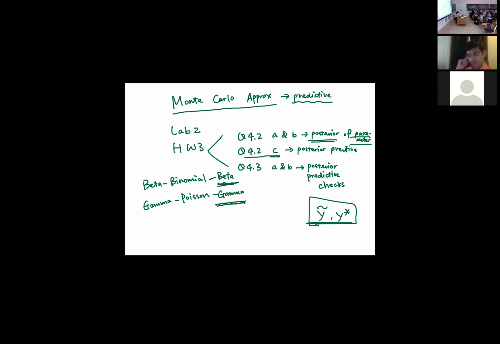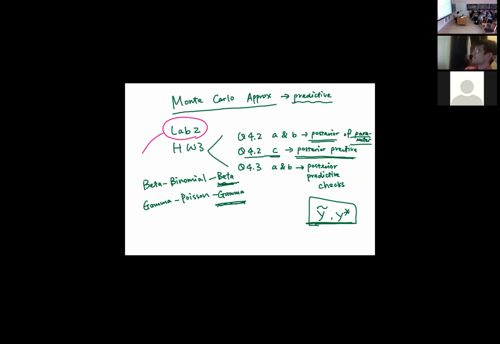Okay, so what we talked about in class as well as in the homework is, okay, now if I want to see how my prediction can work, I want to make a new prediction or a set of predictions for the future outcomes, then you will do the posterior predictive, and the way that we talked about how you can do it is related to lab 2. Okay, so let me just, okay.